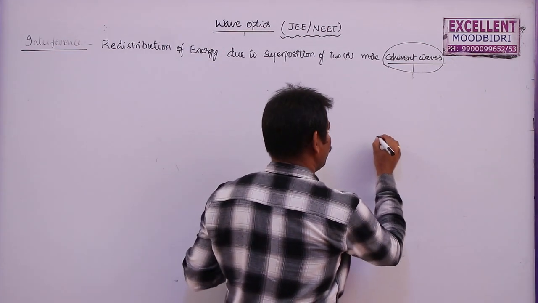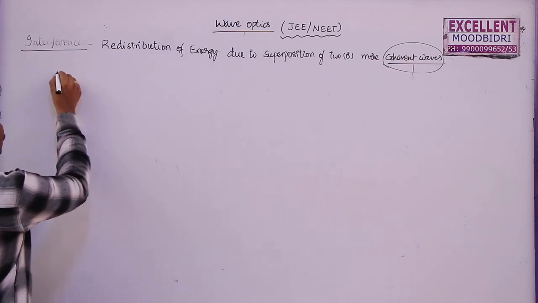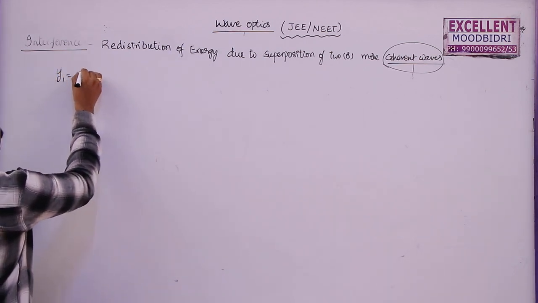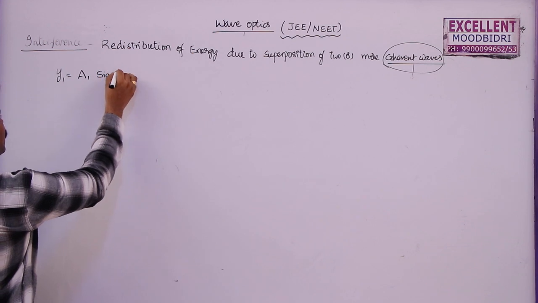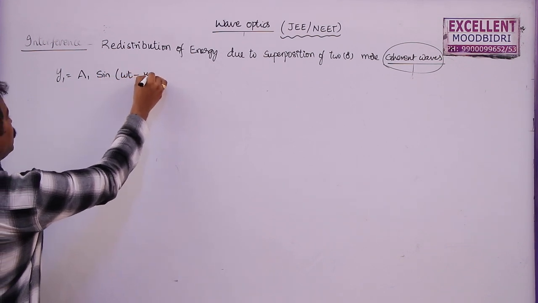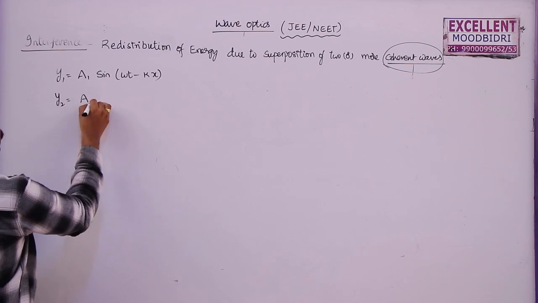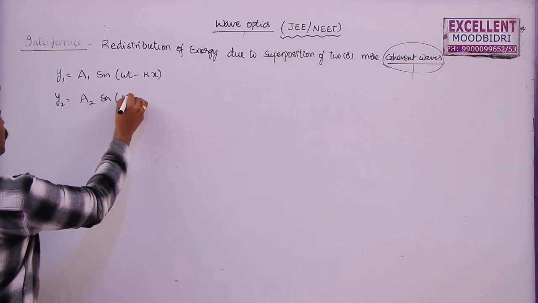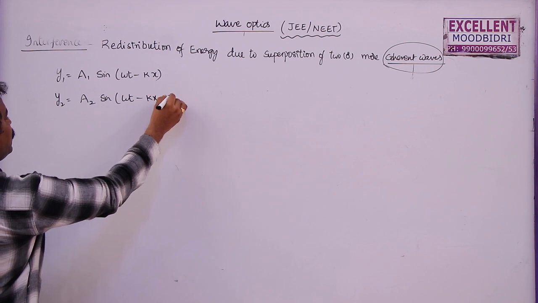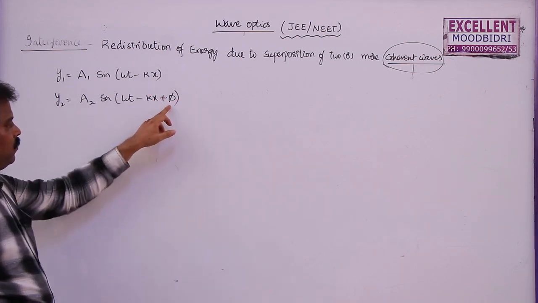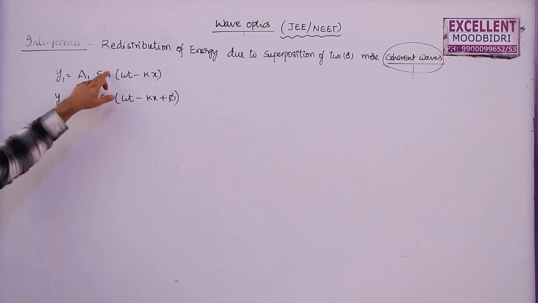If you take two waves, the first one is y1 equal to a1 sine omega t minus kx, y2 is equal to a2 sine omega t minus kx plus phi, where phi is the phase difference between these two waves.